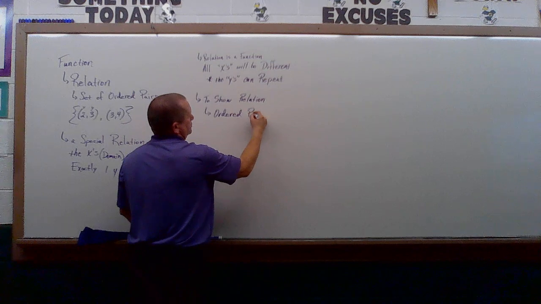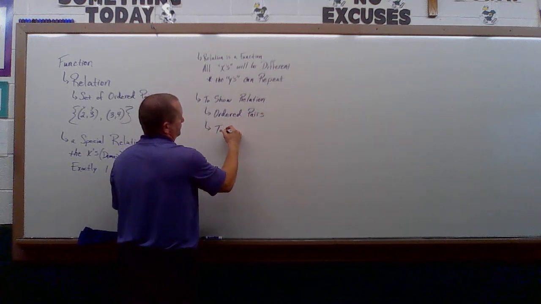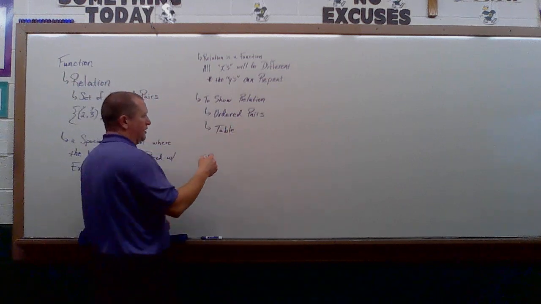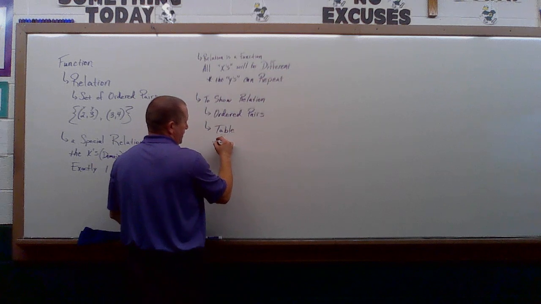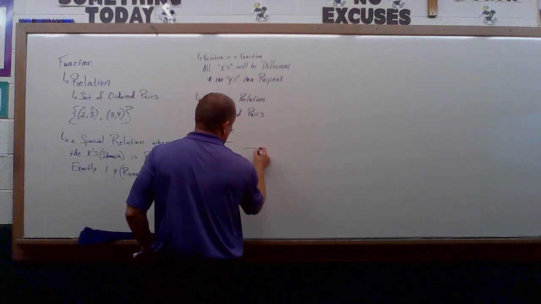We could use a table. And in these tables right here, we did them vertically, like this. X and the Y, they use domain and range. But you could also do it horizontally, like this.